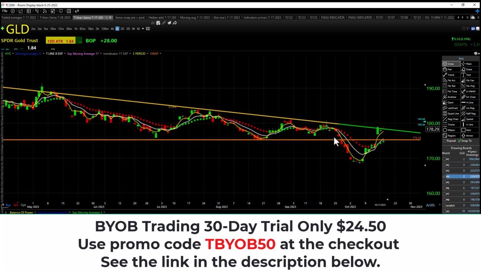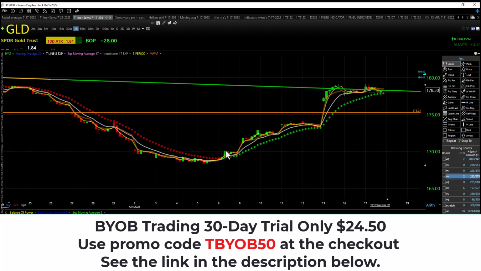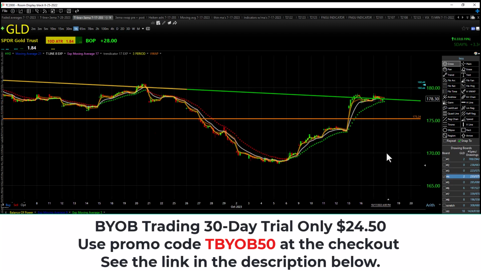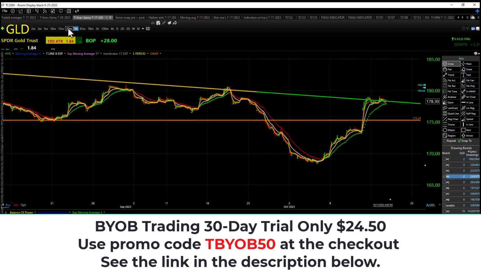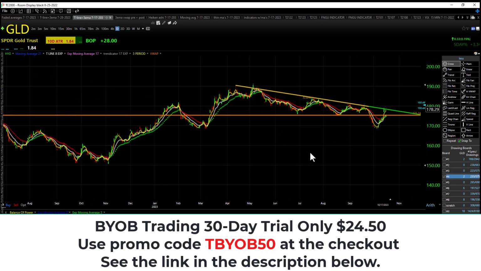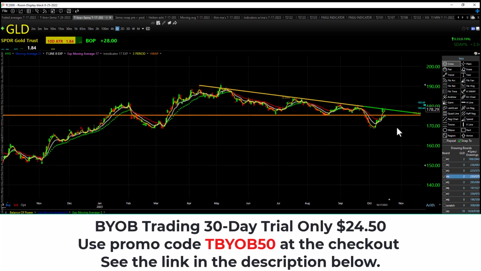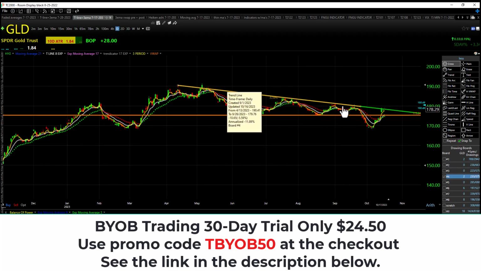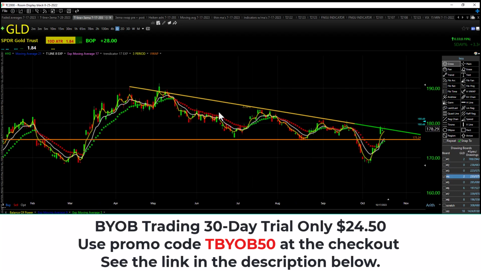So GLD is trying to break the downtrend right now with this hourly uptrend that it's in, with a higher low and higher highs. Climbing back up into the pennant here and challenging the downtrend that the bears have going on.